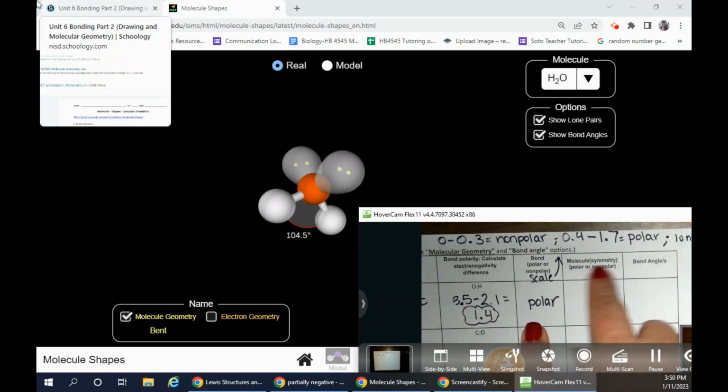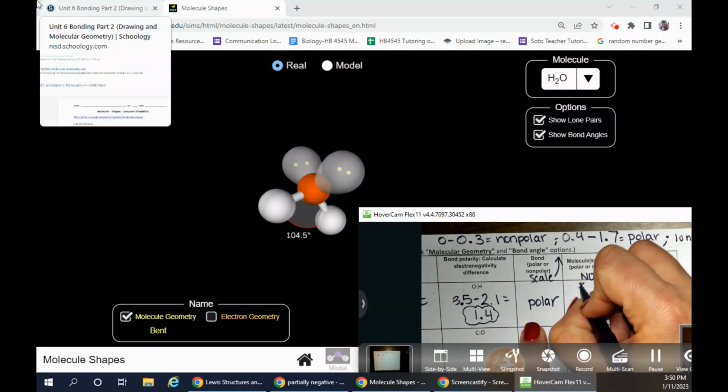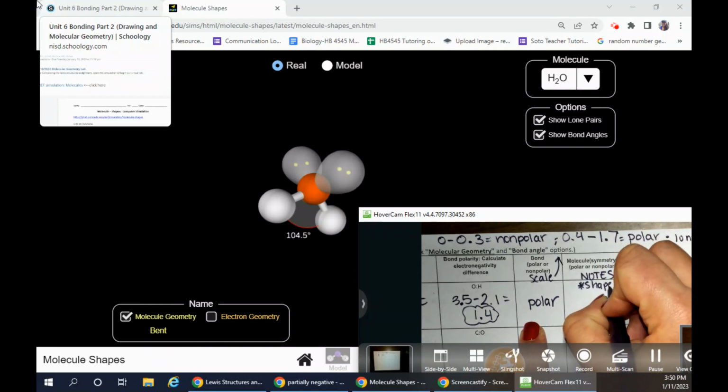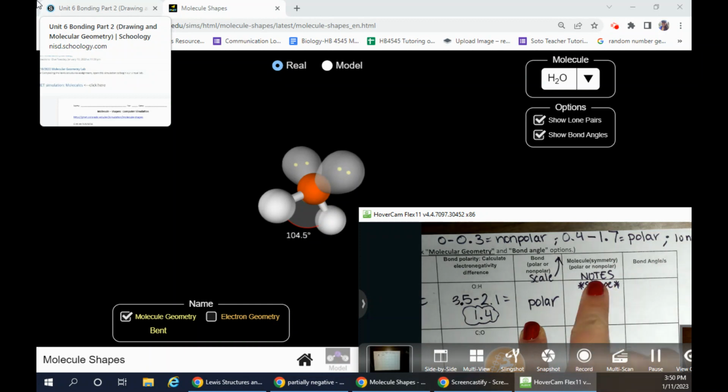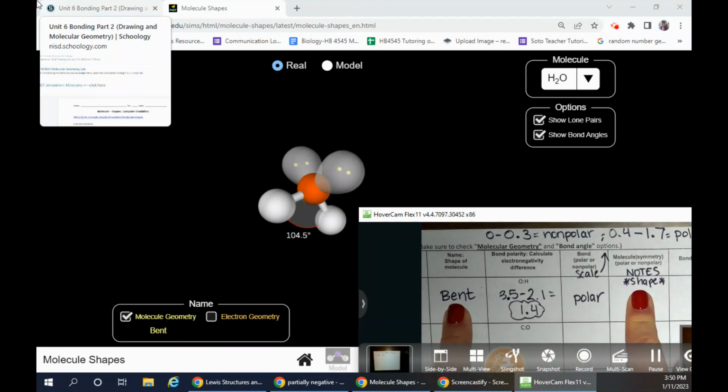So the next one is molecule polarity. This is what was in your little half sheet notes. So you have to look at your notes. You got to pay attention to what shape you're dealing with, right? So we had the shape bent. What kind of polarity is that? Polar. It's always polar, exactly. So we're going to have polar.